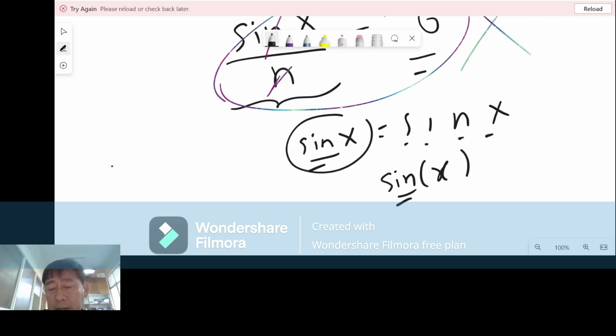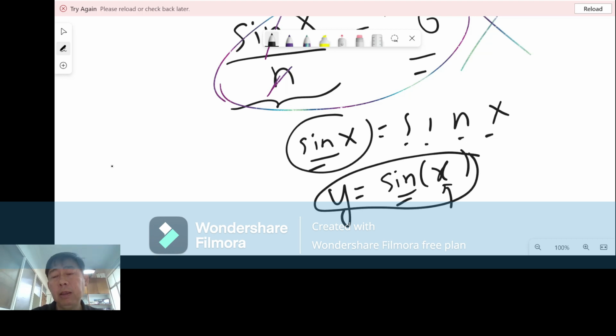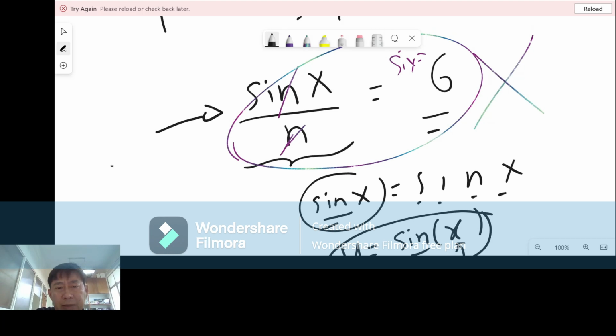So sin here refers to the name of a specific trigonometric function, which reads in the variable x to give you a number called y. So that is the correct way of doing mathematics. If you understand that sine of x is defined in this manner, then you would not do stupid things like this. I think last time people do this, they just cancel off and then they got this kind of thing.